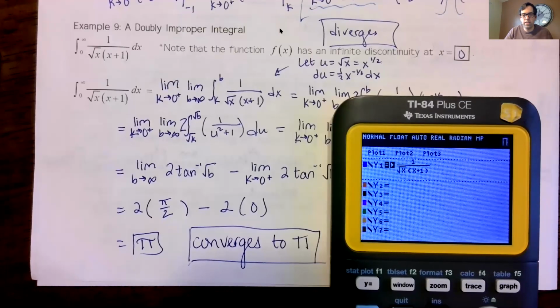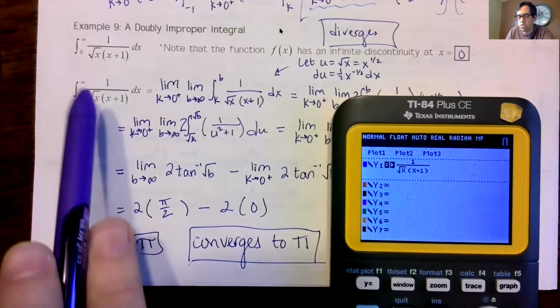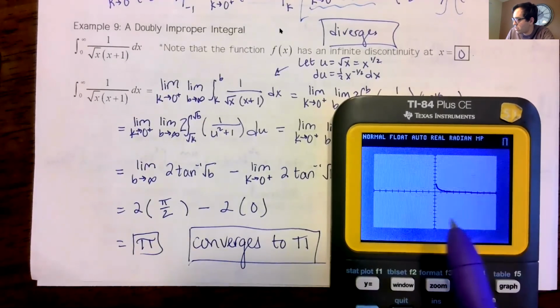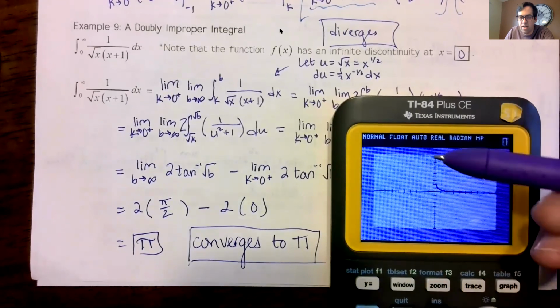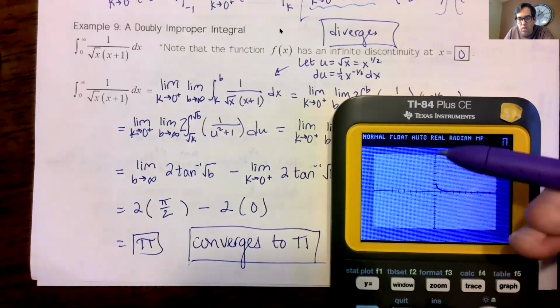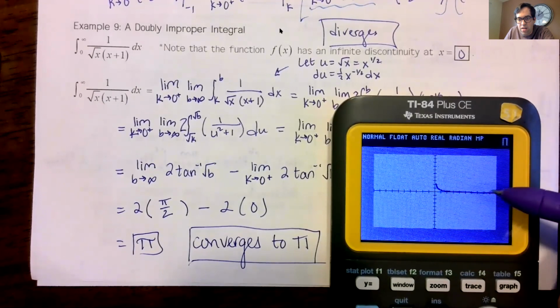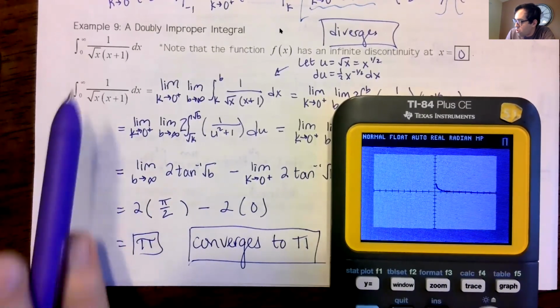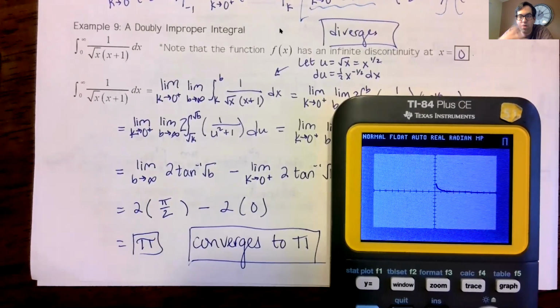All right, so you can see I typed in this original equation, and if we take a look at the graph, you can see that from 0 to infinity is what's going to be shaded, and we have a vertical asymptote here at the y-axis, and we have a horizontal asymptote on the x-axis. So that's causing what we call a doubly improper situation, where we had to adjust both bounds of our integral in order to properly process this.